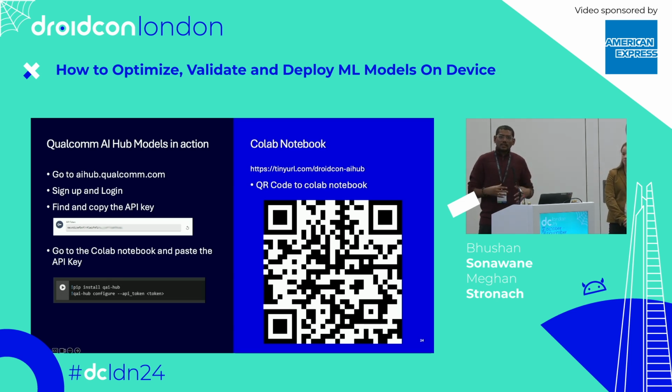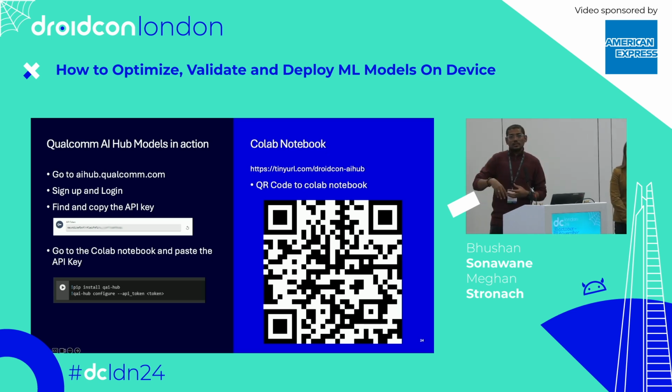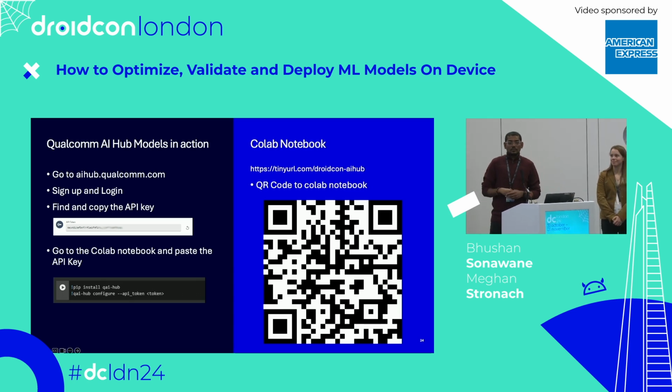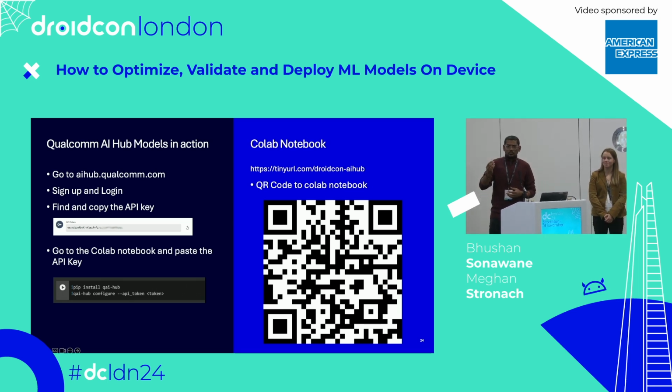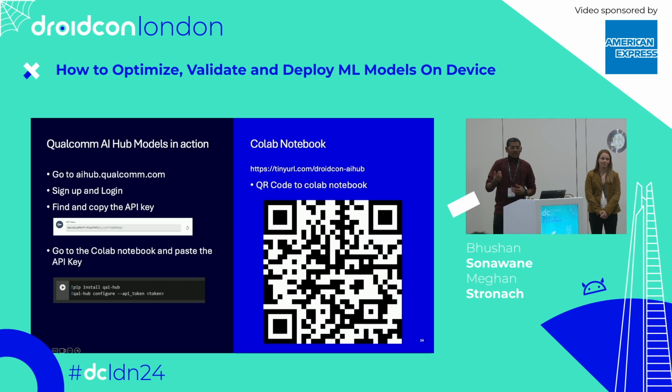TF Lite has something called a delegate, and depending on which platform you have, that delegate will compile your model into that low-level runtime. For example, let's say we have a simple MobileNet as a TF Lite model, and you have two use cases: a Qualcomm device and a non-Qualcomm device. The Qualcomm device has a QNN delegate implemented for TF Lite.